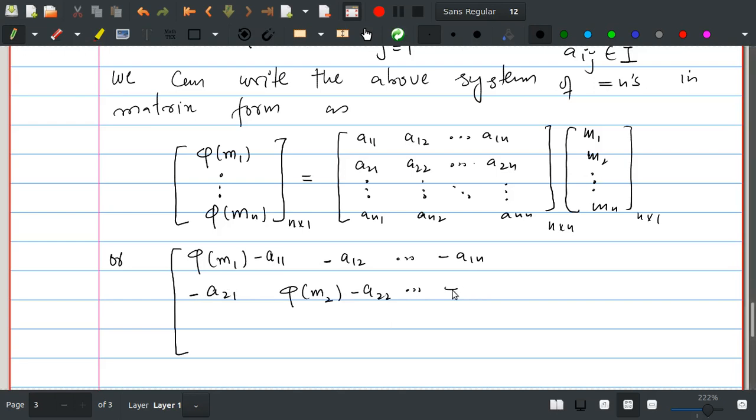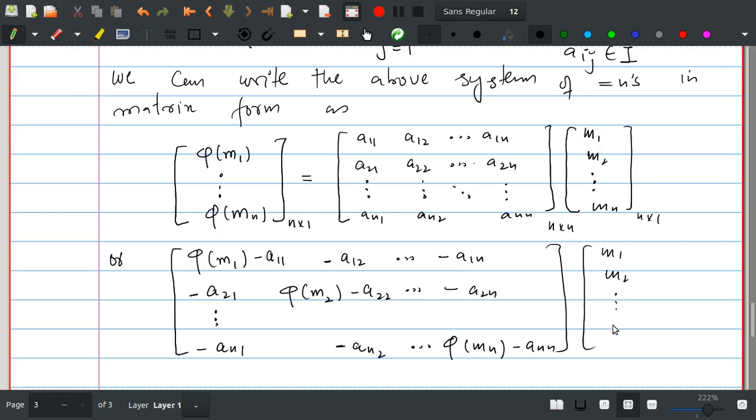This is minus an1, minus an2, so on, phi minus ann, times this vector here. So this is actually 0 here.